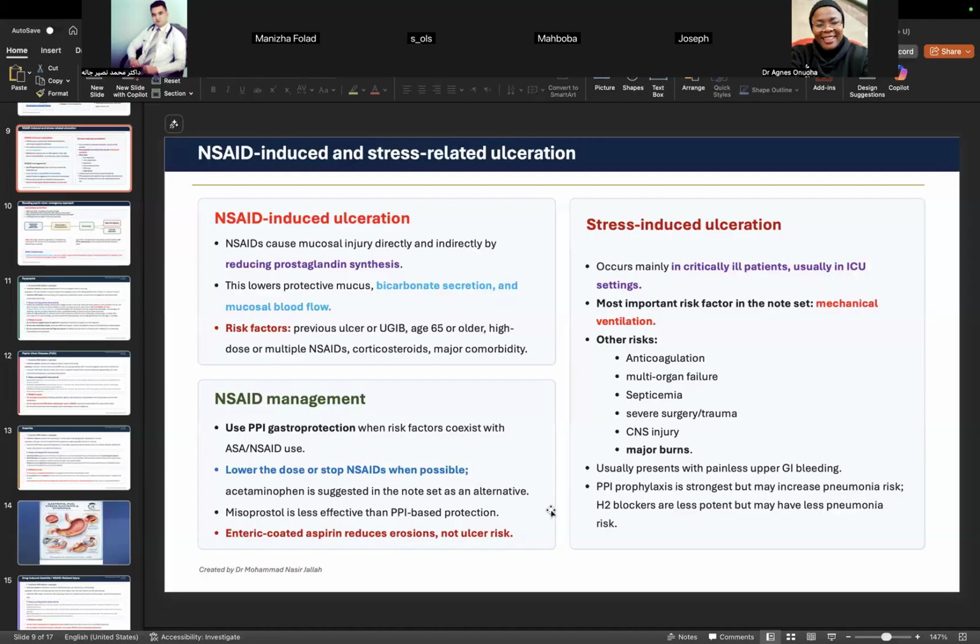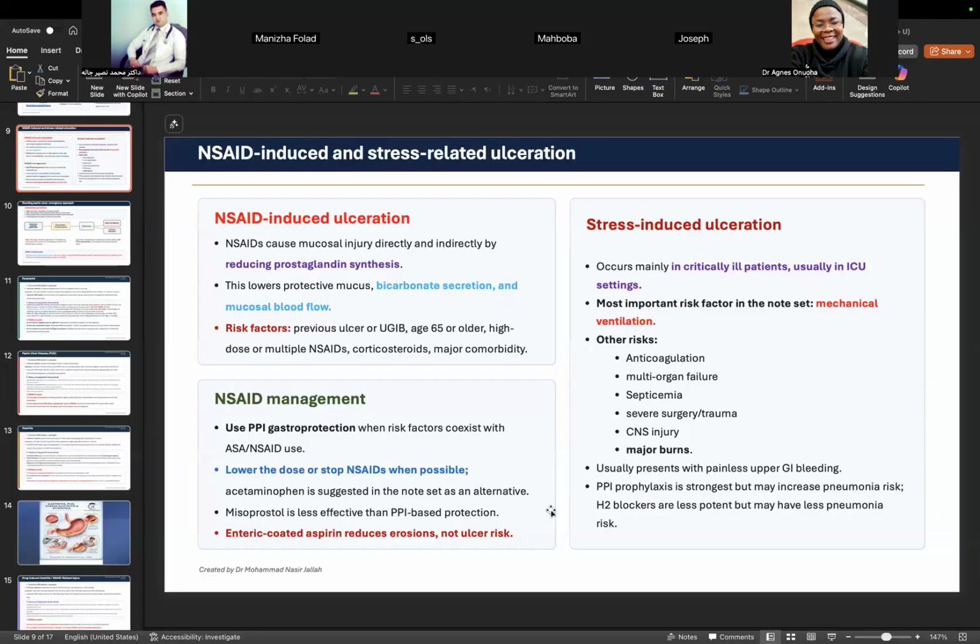A stress-induced ulcer or ulceration occurs mainly in critically ill patients. A very common mistake by IMGs is that when we are saying a stress ulcer or a stress gastritis, they think that we are talking about emotional or psychological stress. It is that, but usually when they are asking about ulceration, it is about a very critical condition where the patient is under a tremendous amount of physical pressure and stress.